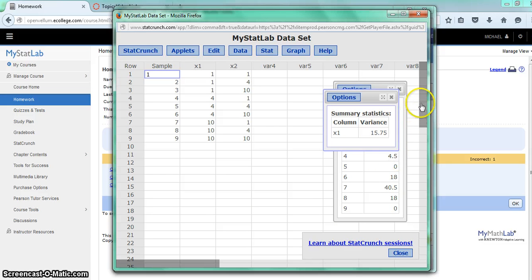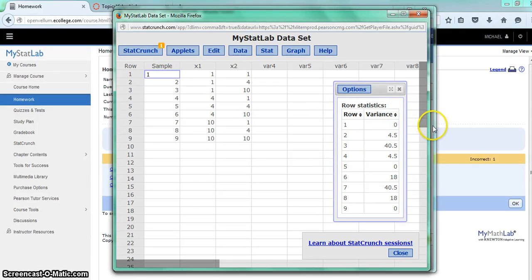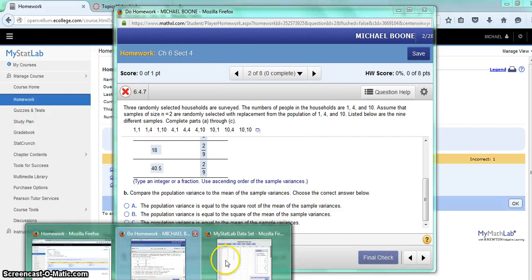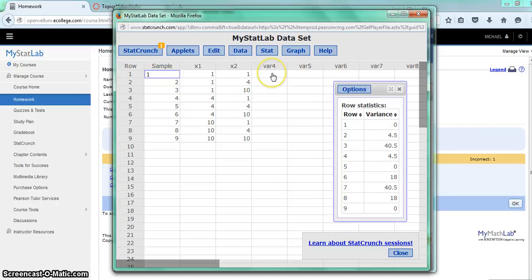Well, if I took the average of the variances, or found the mean of the variance, let's see if I also get this 15.75. So, to the mean of the sample variances. If we go and we take this row and we find the mean of all these values, there's one thing that we could do.